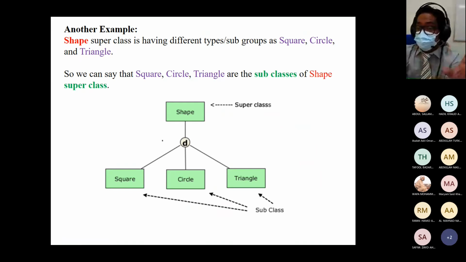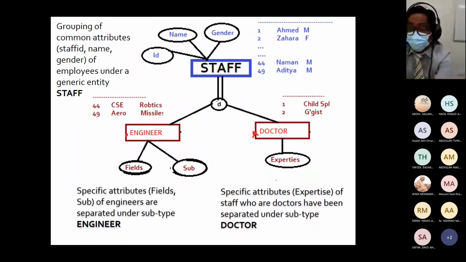So this is pretty much straightforward and much easier to understand if we are really talking about superclass and subclass. Because with this one, you might be wondering, teacher, it's quite difficult. Where is the superclass? Here, the superclass is staff. The subclasses are engineer and doctor, right?